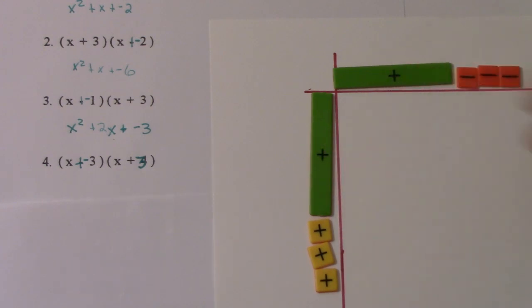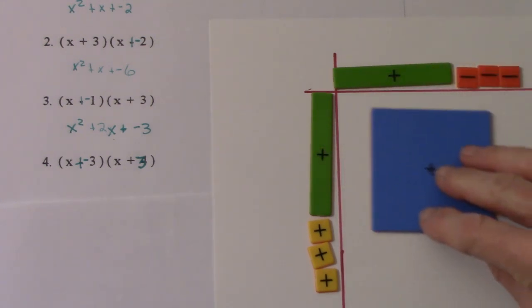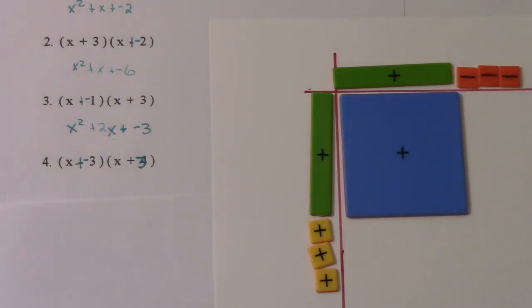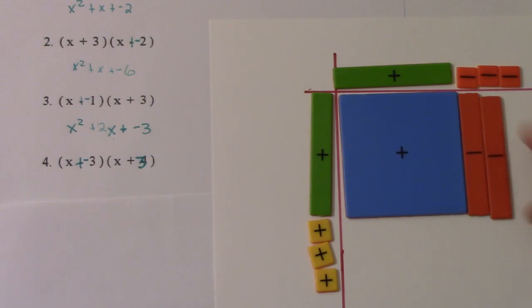And x times x is x squared. X times -1 is -x, and we'll do that 3 times. I have 3 negative x's.